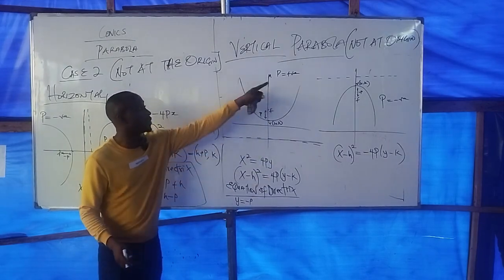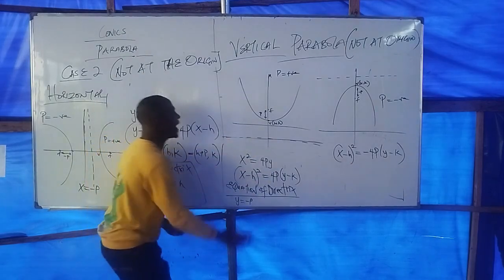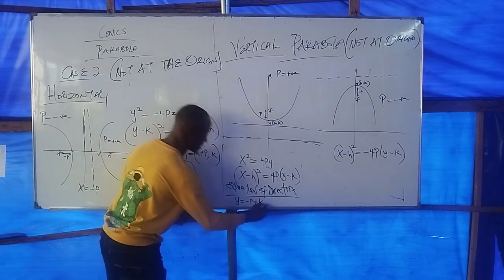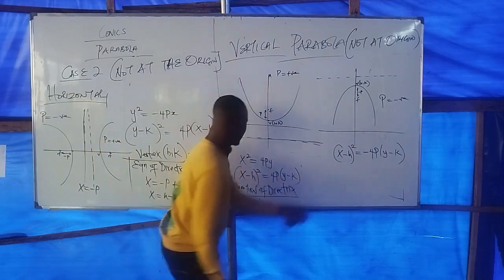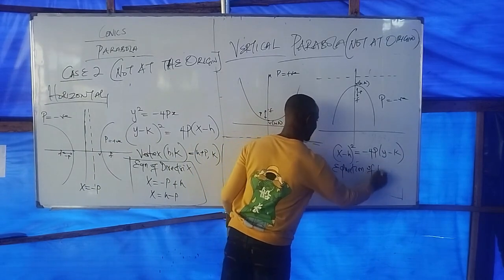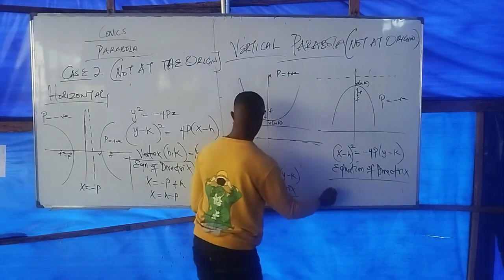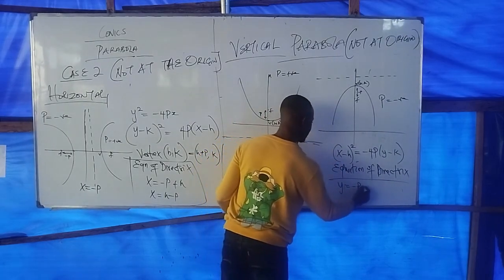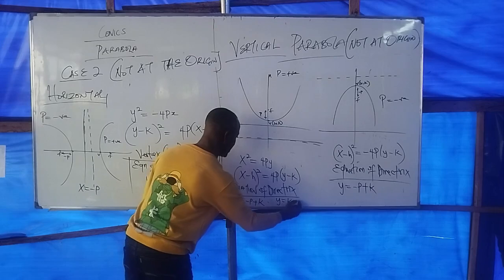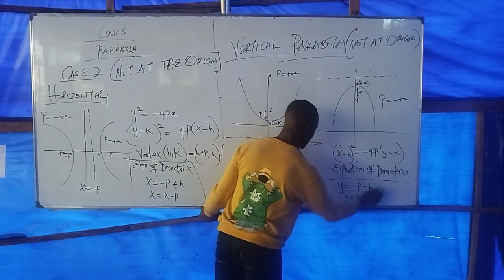But because I'm dealing with not at the origin, and the parabola is enclosing the y-axis, the y-axis talks about the k value, so I'm going to add k. Likewise for this, the equation of the directrix is y equals minus p plus k. So this is the same as y equals k minus p.